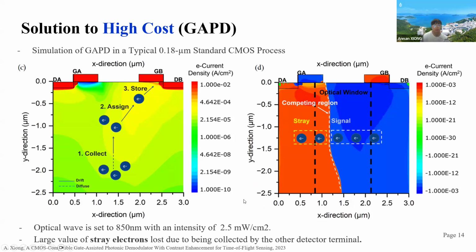To further see the charge transfer, we add an optical wave of 850 nanometer with an intensity of 2.5 milliwatts per square centimeter. This is a normal case of ToF sensing. As shown in this figure, although the charge can be carefully transferred with the collecting, assigning, and storing process, there are still many stray electrons due to the competition between the two gates. These stray electrons go to the undesired terminal GA and then directly lower the modulation contrast.